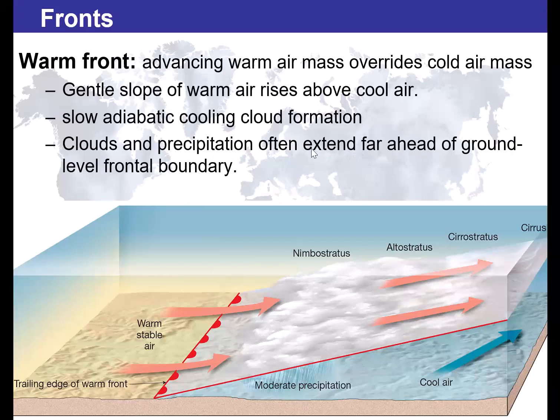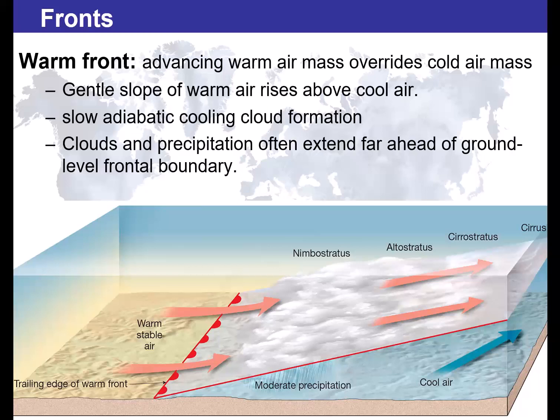Clouds and precipitation often extend much further ahead of the ground level front boundary, and that is just because in these areas the warm air is already rising up in the atmosphere. There's still going to be some moisture in this warm air that is moving from the left to the right, and as that rises up into the atmosphere, we're still going to experience some adiabatic cooling. So there is still a good chance of not only cloud formation when we reach that LCL, but also moderate precipitation.